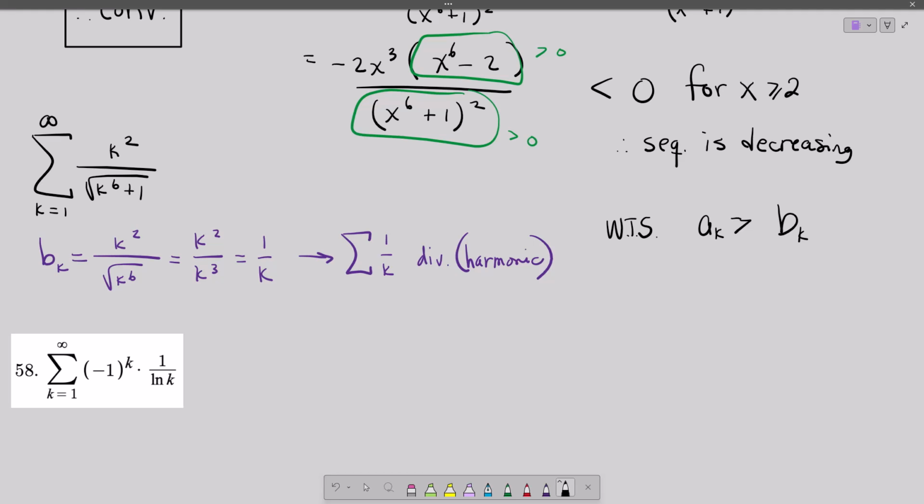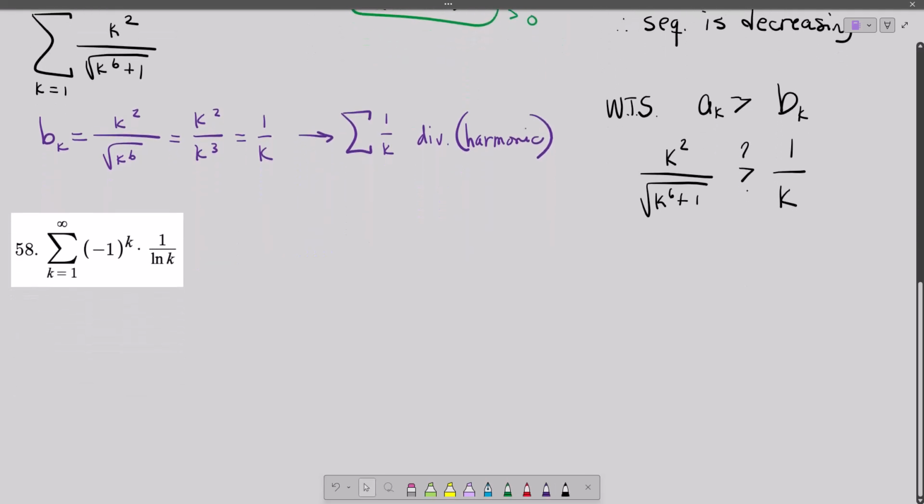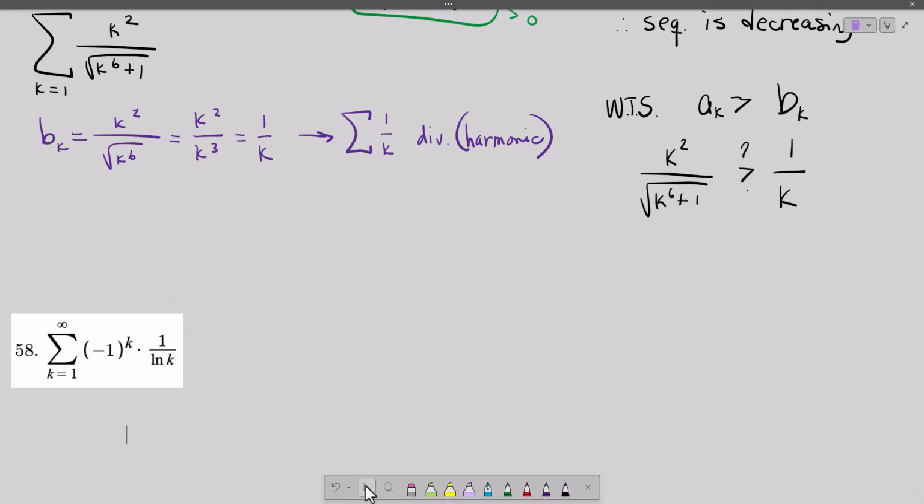So let's see, can we do that? a sub k is the original, it's the one that we're analyzing. If we can show that this is true, we don't know yet, but if that's true, then we're going to have this is diverging. Probably it's a long one. All right, so cross multiply.